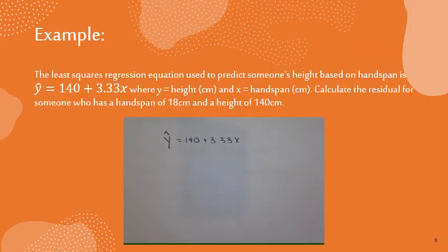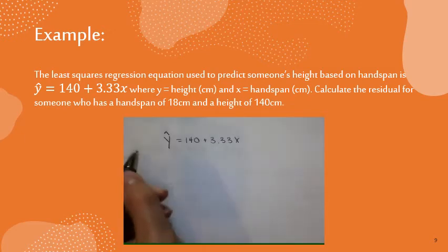For this example, it says the least squares regression equation used to predict someone's height based on handspan is y hat equals 140 plus 3.33x, where y is your height and x is your handspan. Calculate the residual for someone who has a handspan of 18 centimeters and a height of 140.